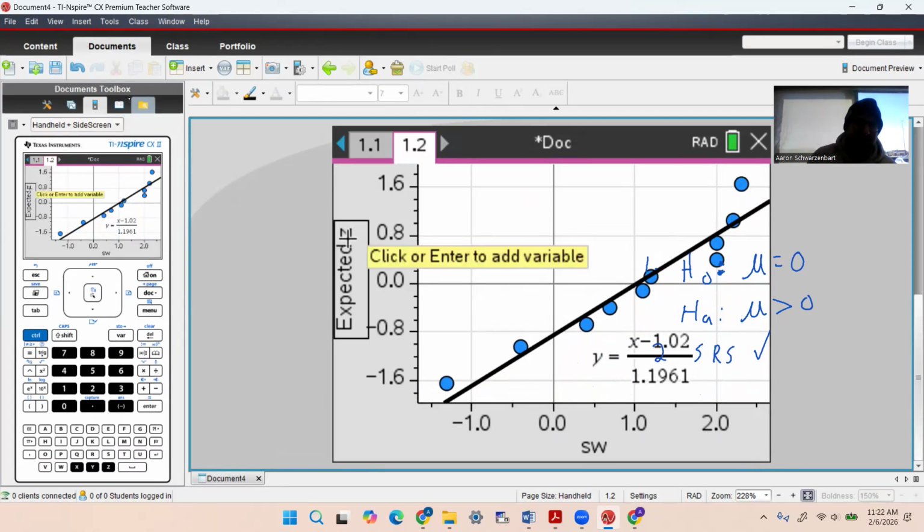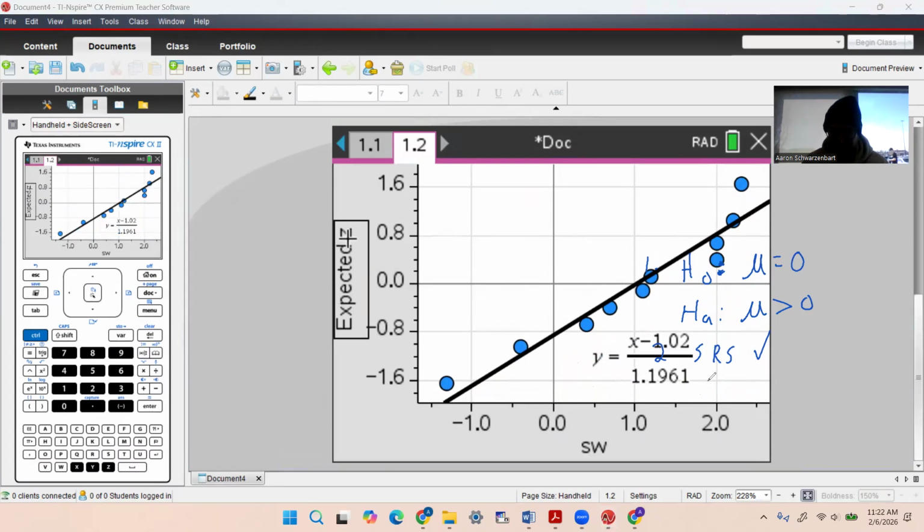For normality, I'm going to need to show maybe a sketch of this plot. With sample size 10, there are no extreme variations. So then you are going to need to show the plot and say no extreme variations, no extreme outliers. So I'm willing to accept that this data is normal enough.